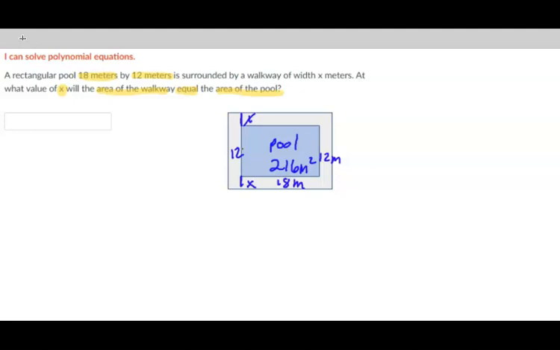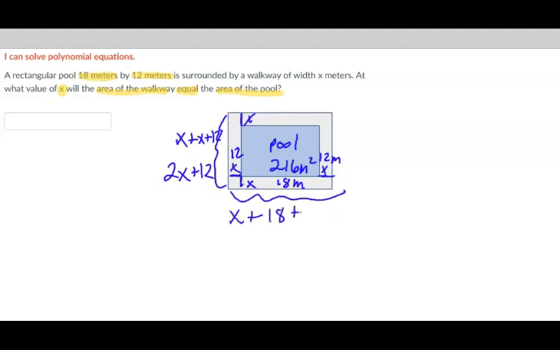So to find this side length right here, we would have x plus 12 plus x, 2x plus 12. And in this one, we have x, and then we have 18. So to get this one, it's going to be x plus 18 plus x, 2x plus 18.